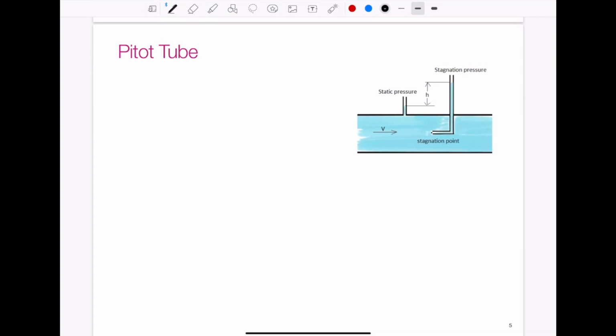So if the flow is in, let's draw it again over here. This is our tube. This is our pitot tube. Let's try and draw this a little better.